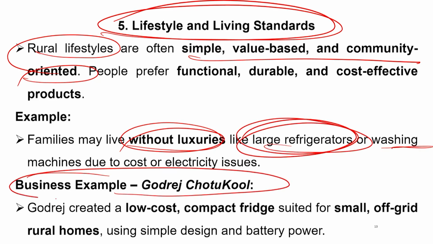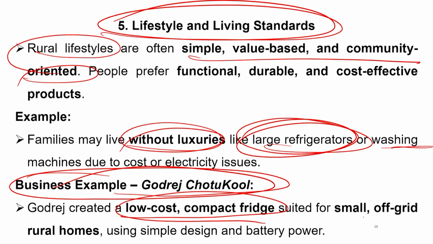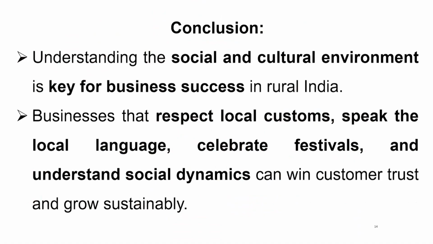For this, Godrej launched Chotukool. They saw that rural areas want a low-cost, compact fridge suited for small off-grid rural homes, using simple design and battery power. So, according to lifestyle and living standards, we can design products and services.